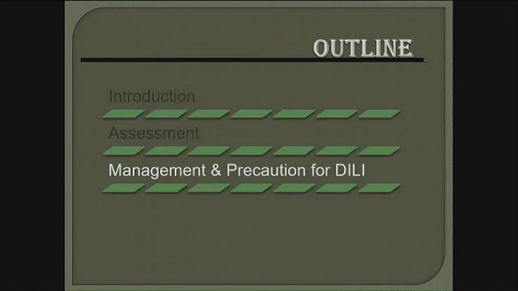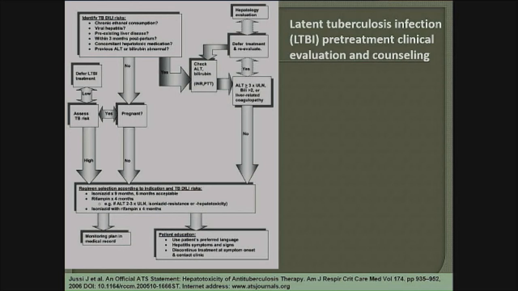Now we move to the treatment. This is the algorithm that we can use for pre-treatment evaluation. We have to look at the TB risk, whether there is any hepatitis or pre-existing liver disease, and whether the patient is pregnant.